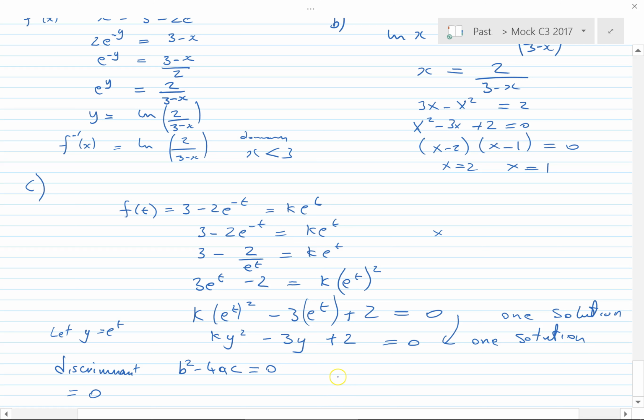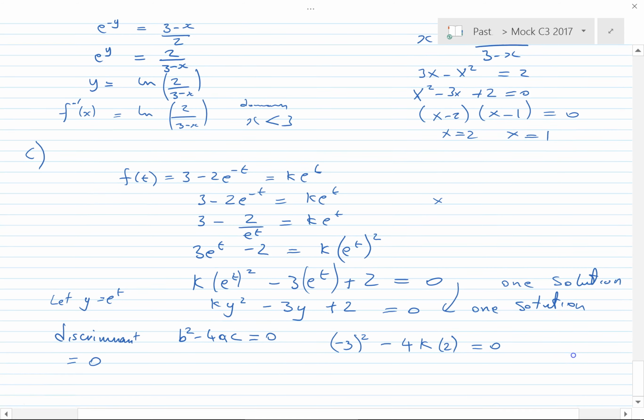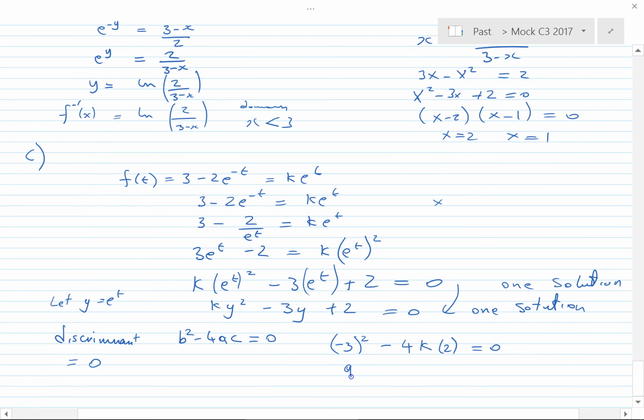That gives me minus 3 squared minus 4 times a, which is k, times 2 equals 0. So that gives me 9 minus 8k equals 0. So k is equal to 9/8.